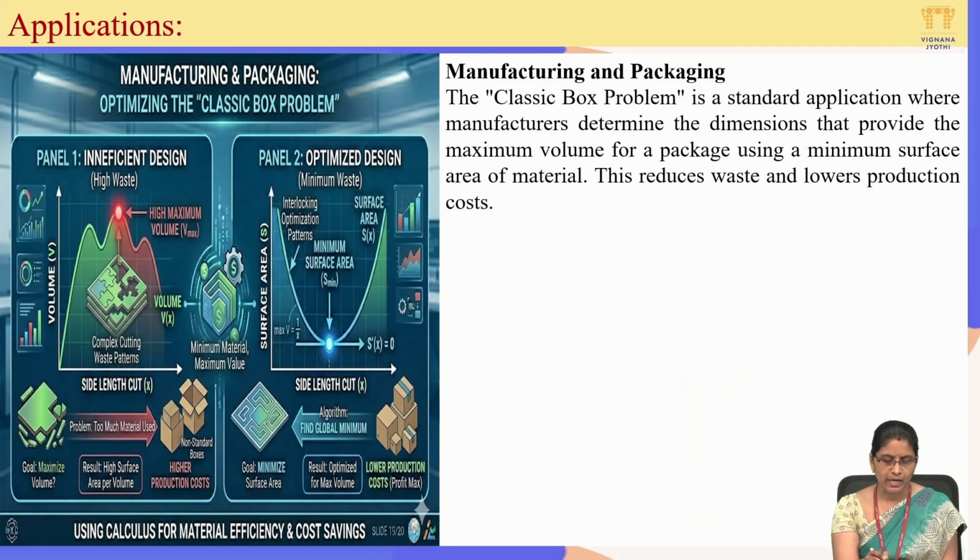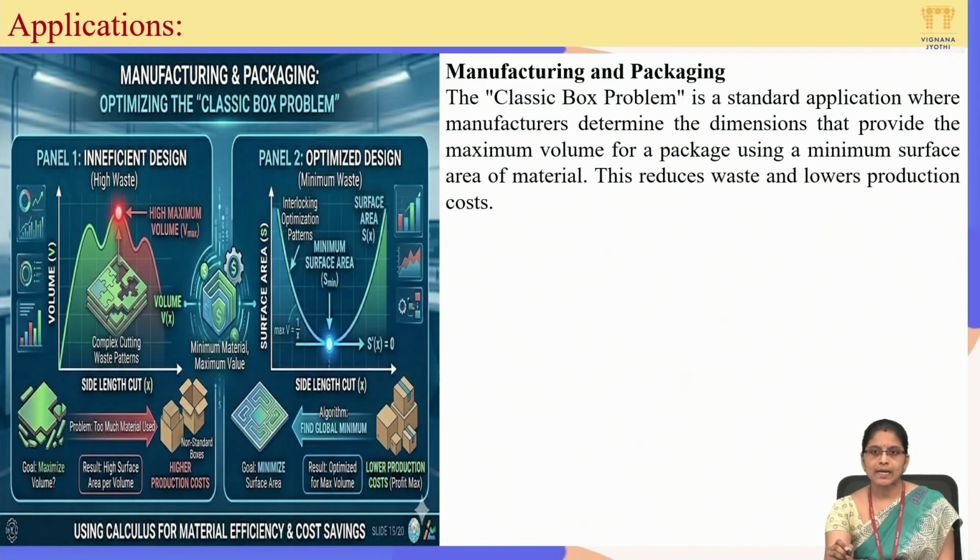In inefficient design, there is higher production cost, and finally it results in high surface area per volume. Whereas in optimized design, wastage is minimum, minimizing the surface area and production cost, which gives profit maximization, and finally it results in a design optimized for the maximum value.